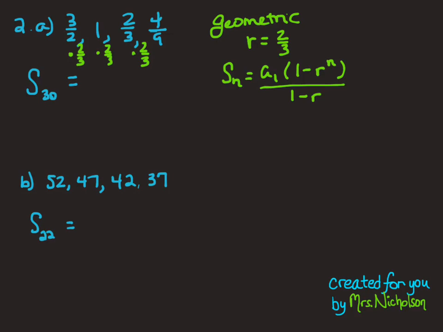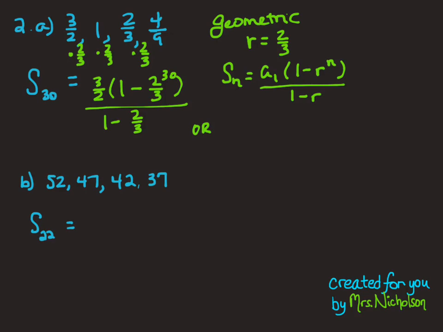And so for this sequence, we would have our first term, which is 3/2, times 1 minus 2/3 to the 30th over 1 minus 2/3.